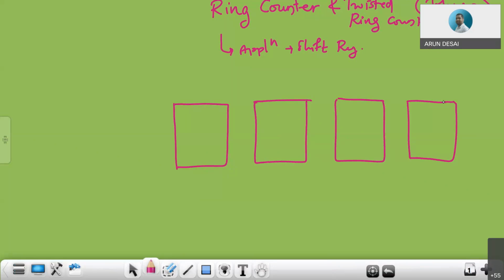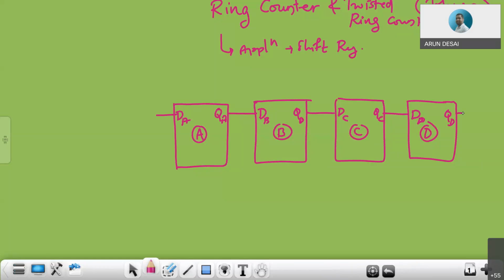In a register, this is basically my arrangement. If I consider these as A, B, C, D, then this is my data input D_A, Q_A, D_B, Q_B, D_C, Q_C, D_D, and Q_D.